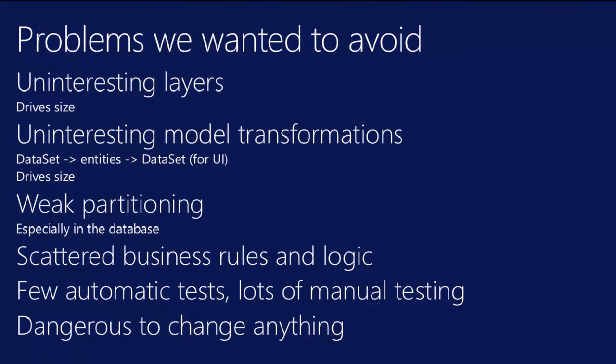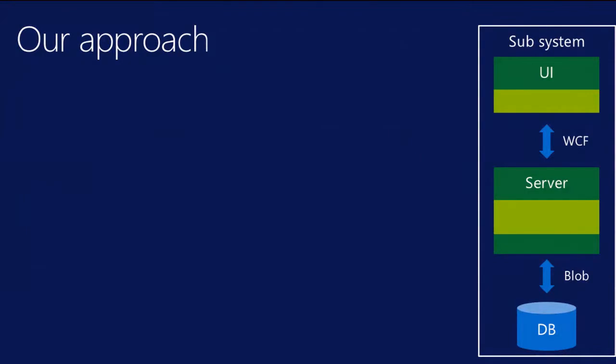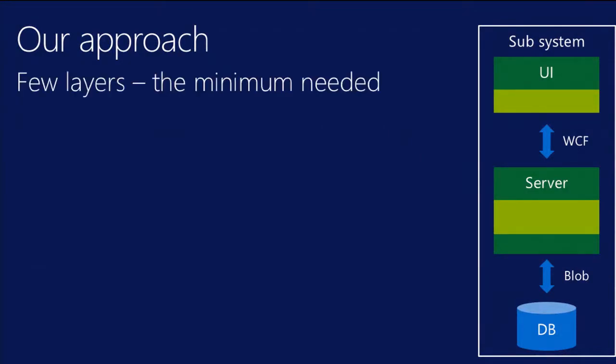What we wanted to do was to have few layers, and I'm not going to mention a number, but we wanted to have as few layers as possible, or as needed, actually. As few as we could get away with. We wanted it to be tiny, so instead of having a big complex architecture, multiple layers, a lot of code transforming models, we wanted this to be very tiny with as little code as possible.